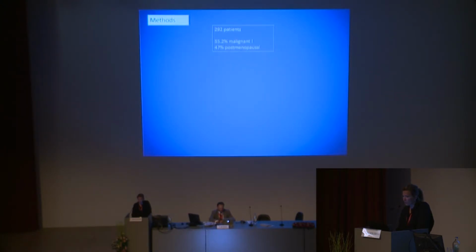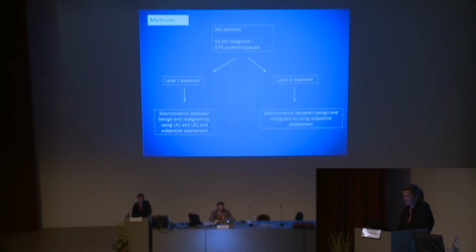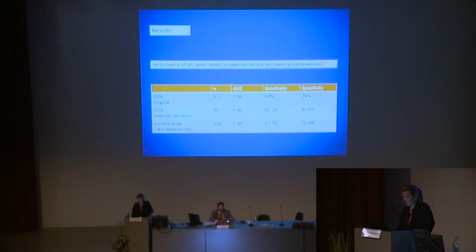So 292 patients, of which 55% were malignant and 47% were postmenopausal, were scanned by a level 2 examiner, and he had to discriminate between benign and malignant by using LR1 and LR2 and his own subjective assessment, and they were all assessed by a level 3 examiner using his own subjective assessment.